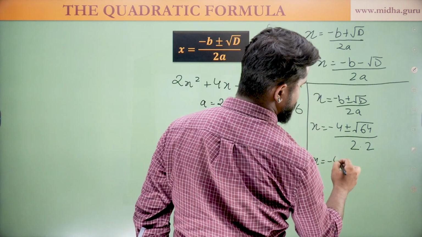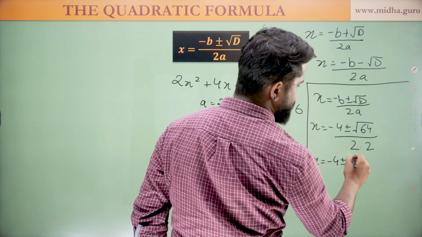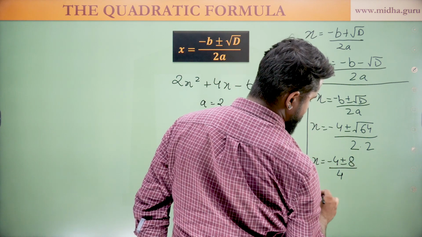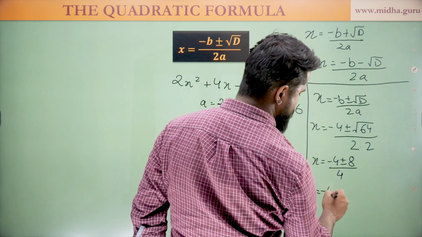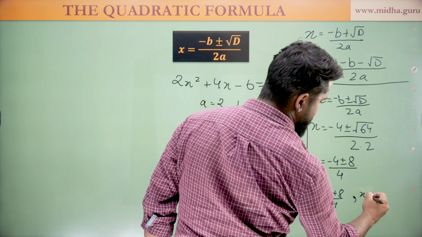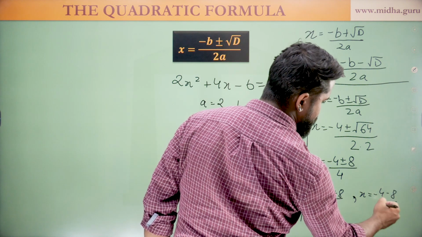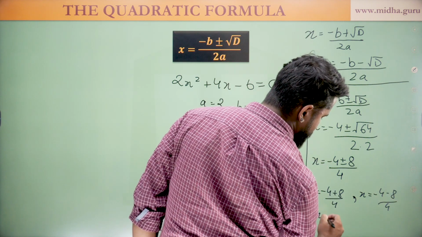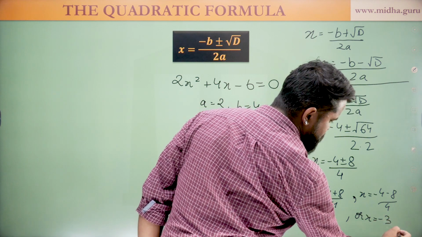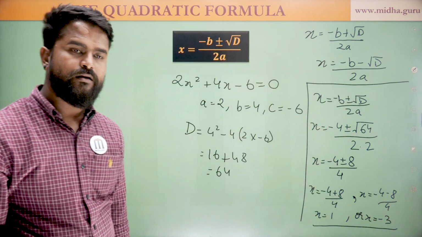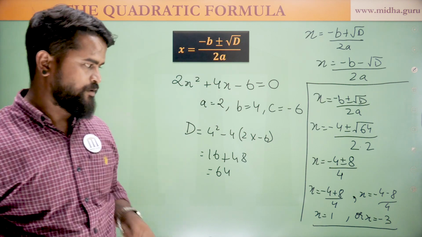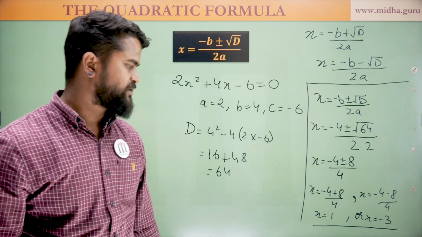So x is equal to minus 4 plus or minus the root of 64, being 8, divided by 4. So x is equal to minus 4 plus 8 by 4 and minus 4 minus 8 by 4. So x will be equal to 1 or x will be equal to minus 3. From this given equation, based on the quadratic formula, we found that the roots of the equation are 1 and minus 3.